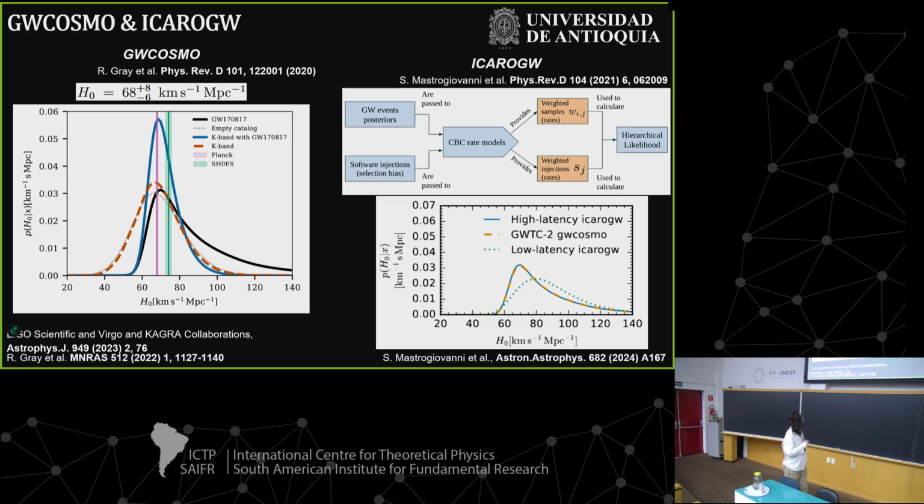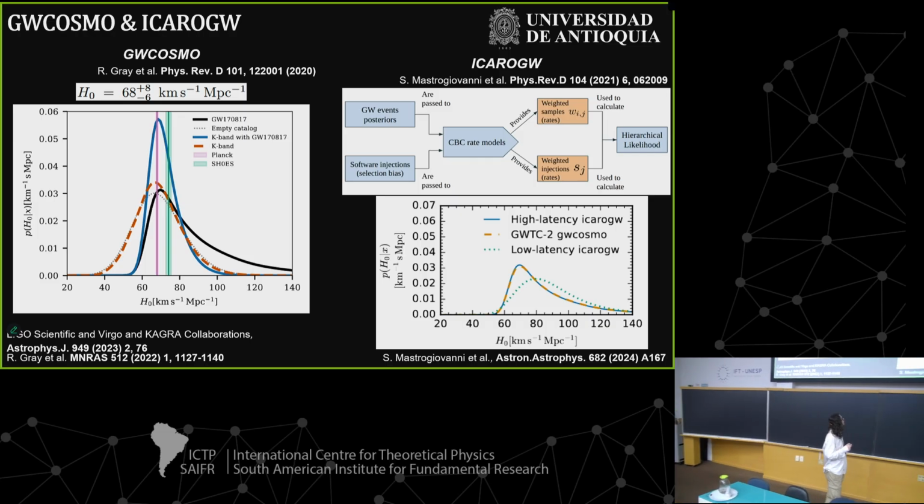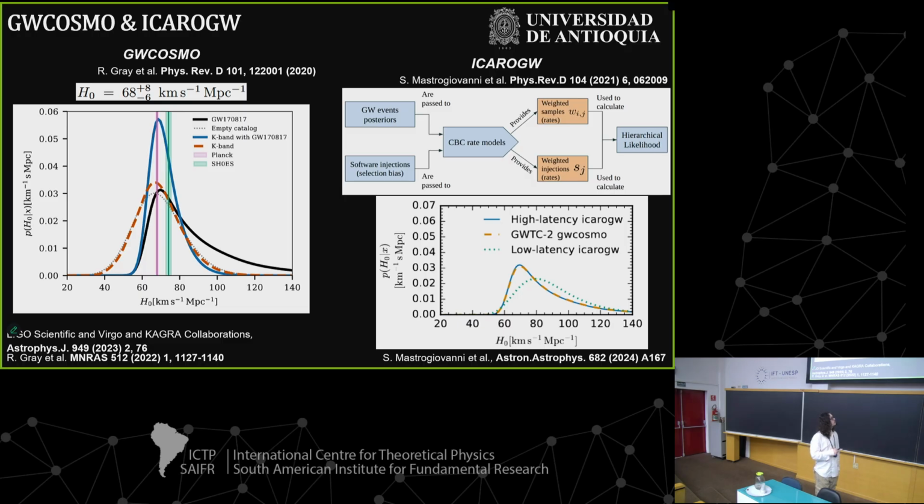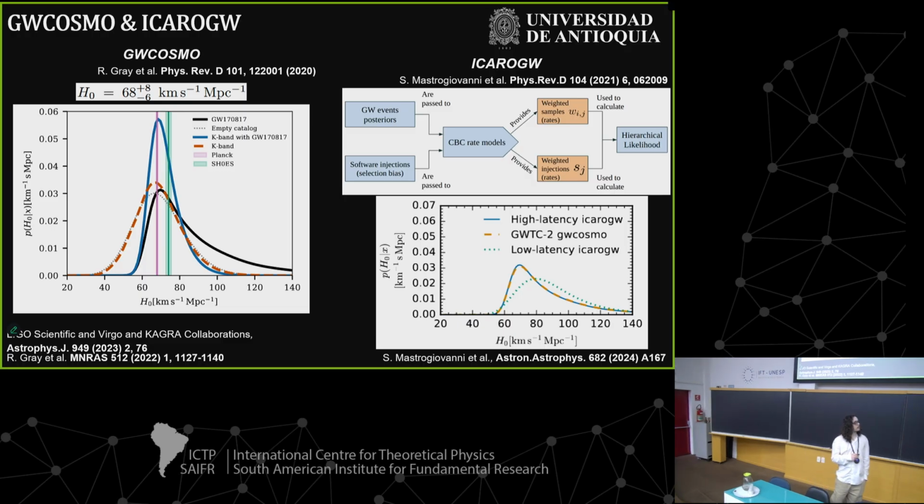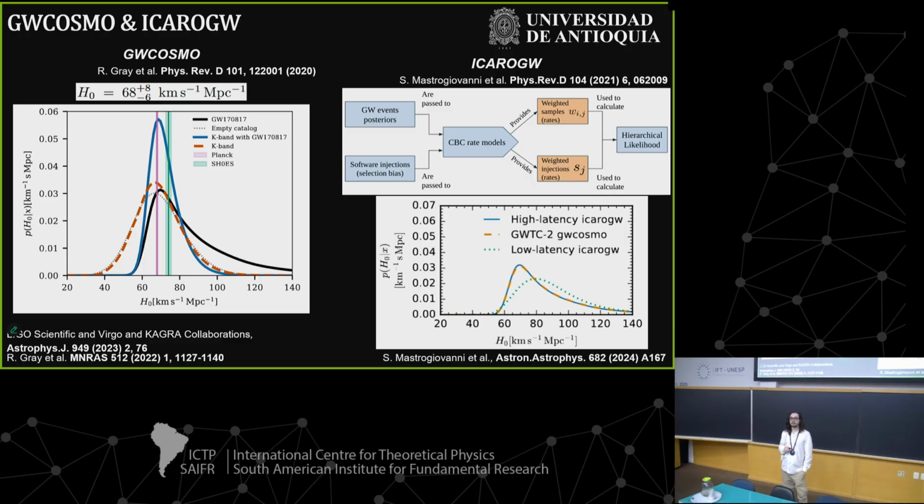This was with O3 data, and this blue curve is combining the dark siren method with the bright siren event. The other pipeline is ICARO-GW, which at the beginning was developed in order to implement the spectral siren method. So they didn't use catalog information in their analysis, but then both pipelines were upgraded.